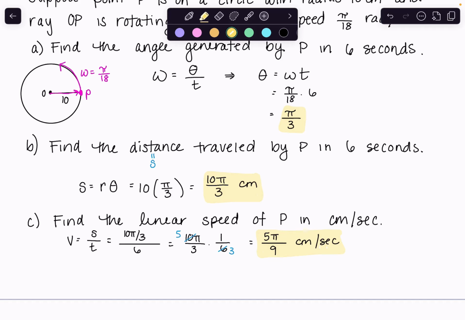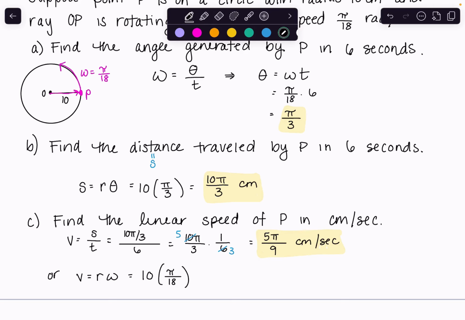So again, I like this method because distance equals rate times time is something you've seen before and makes sense. So it's just connecting all those dots. But to show you the other formula works, your linear speed is the radius times the angular speed. The radius is 10, the angular speed is pi over 18.